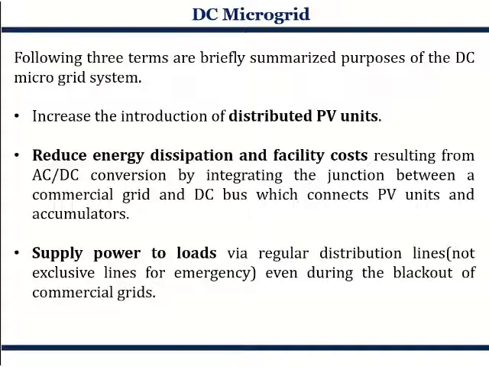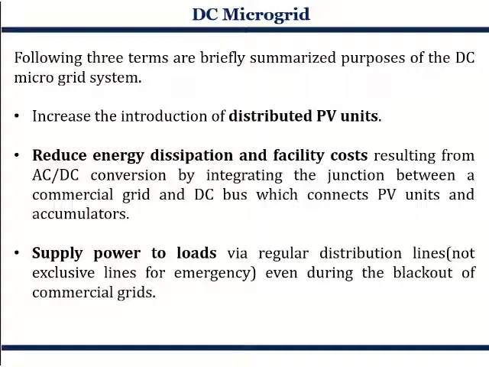Secondly, there is a reduction in energy dissipation. Obviously, since we are using DC, dissipation of energy in comparison to AC is less. So the facility cost will be reduced. There is no conversion unit required where DC to AC conversion takes place, so that entire converter unit can be removed.